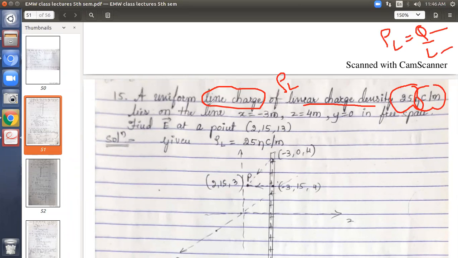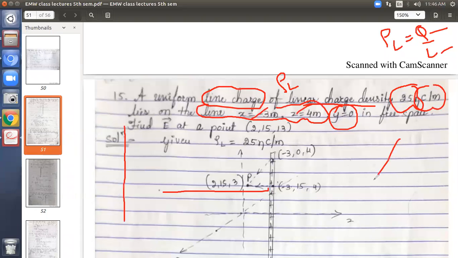It lies on the line x equal to -3, z equal to 4, and y equal to 0. These x, y, z points are given to position the line, how the line stands, in which direction. Depending on these points, you have to mark and see how the line lies.